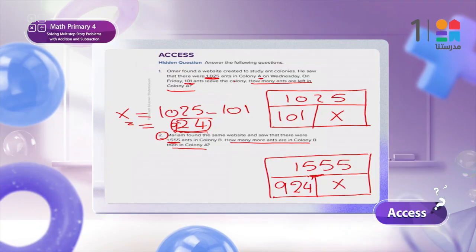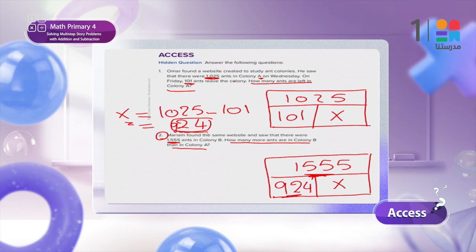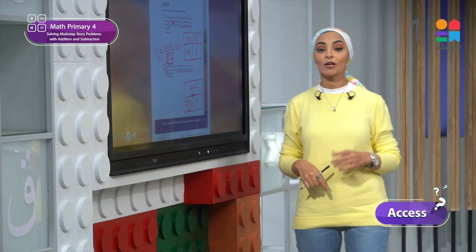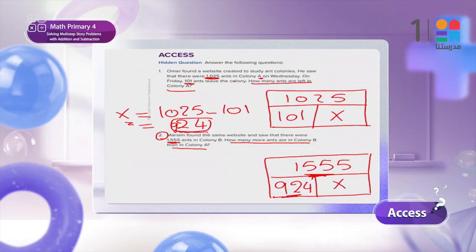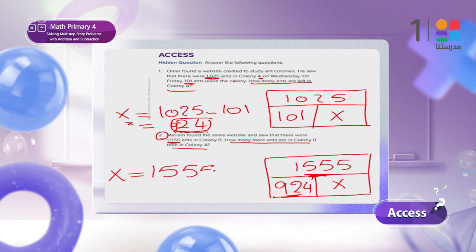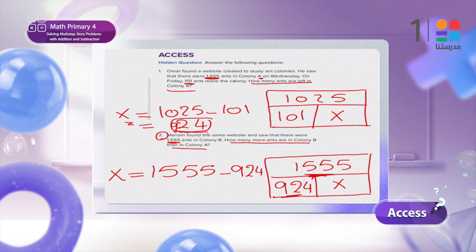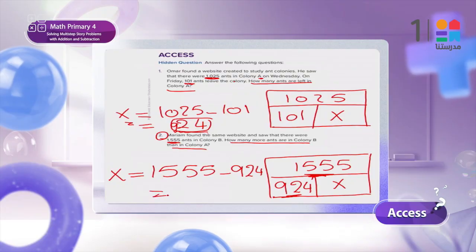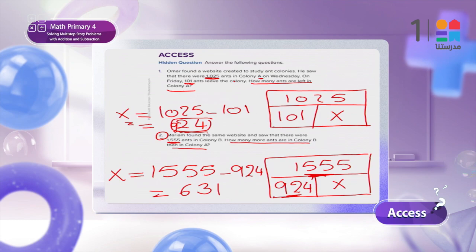So I have the whole number 1555, and I have the known number 924 from problem 1, and I want to know the unknown number. So the equation will be: x, the unknown, equals the whole number 1555 minus the known number 924. So the difference is 631.